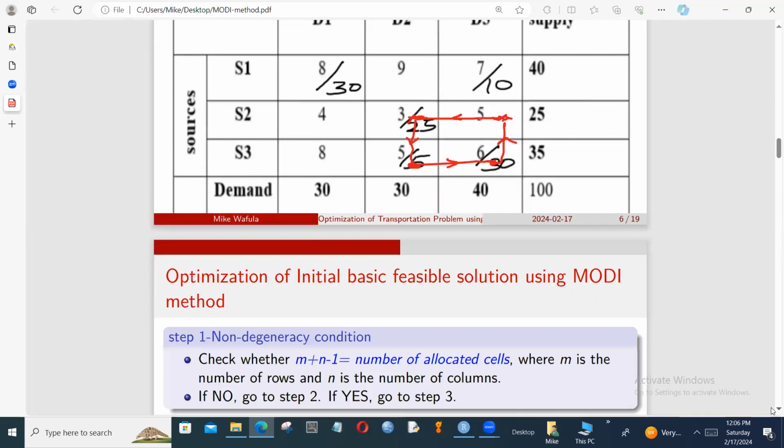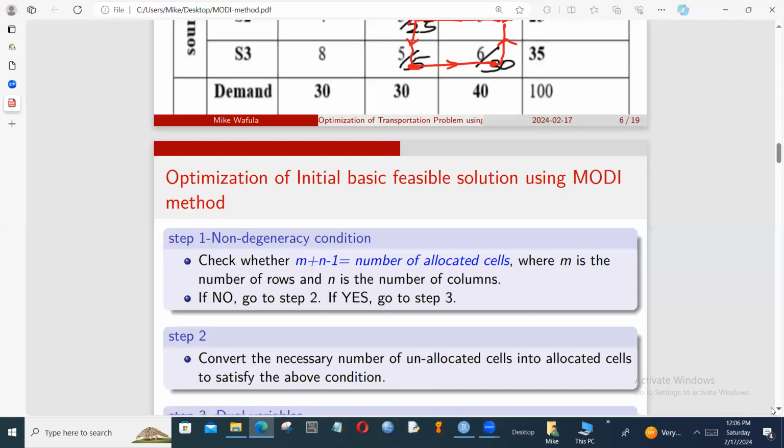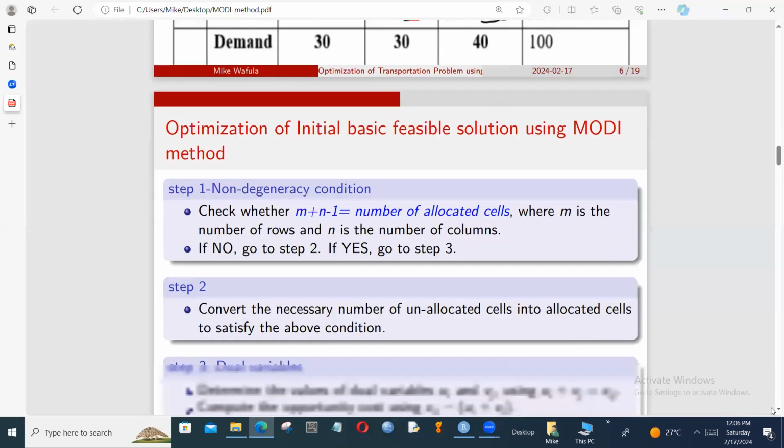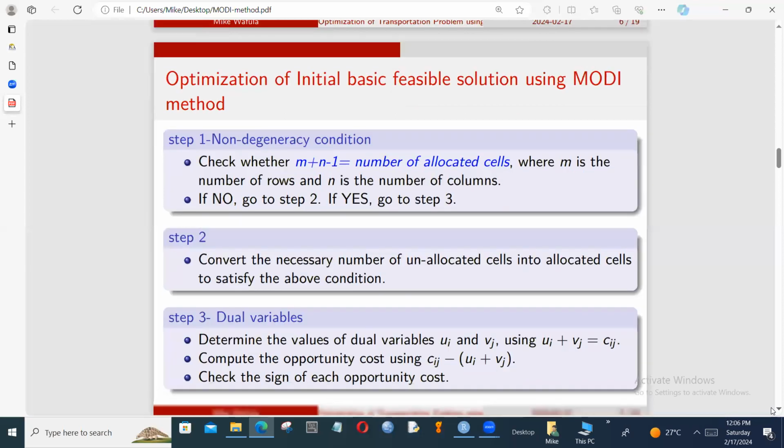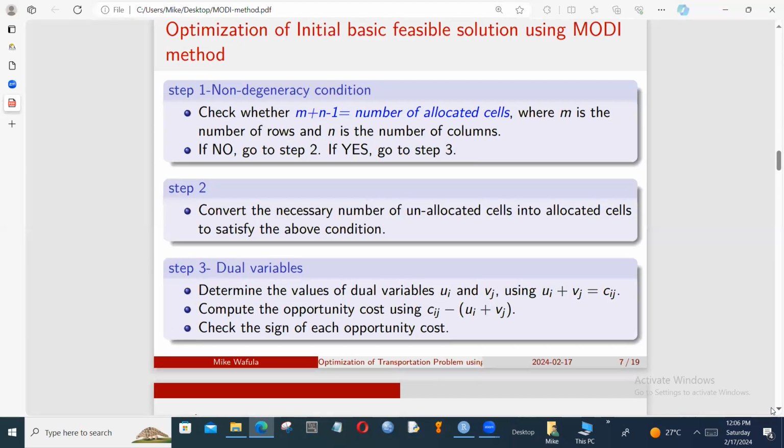Now let's go ahead and get deeper into the MODI method itself. Now that we know how to check for non-degeneracy of a basic feasible solution, and how to draw closed loops, the procedure for optimization using MODI requires that, first, you check for non-degeneracy.